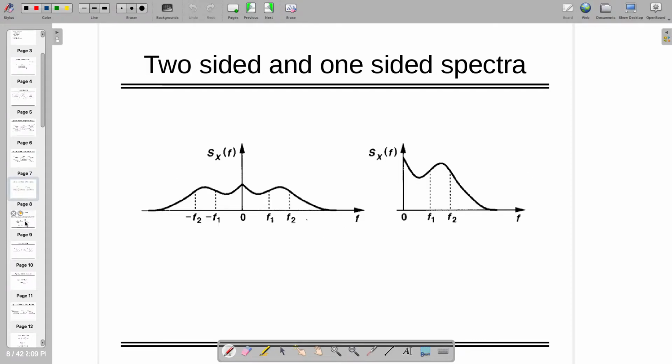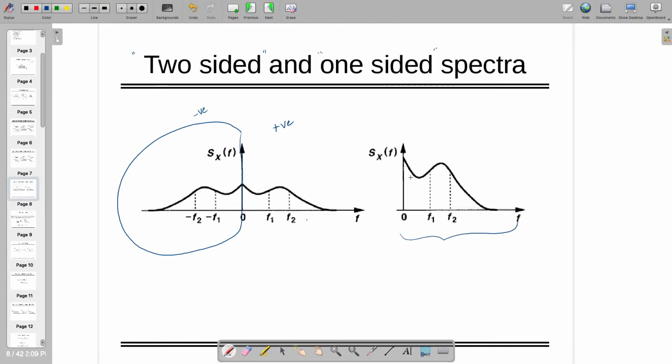Now sometimes you have seen two-sided or one-sided spectra, right? Whatever you have at the plus side, the same thing will be at the negative side. So we are generally interested in one side.